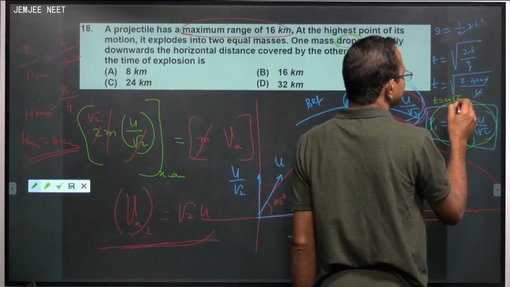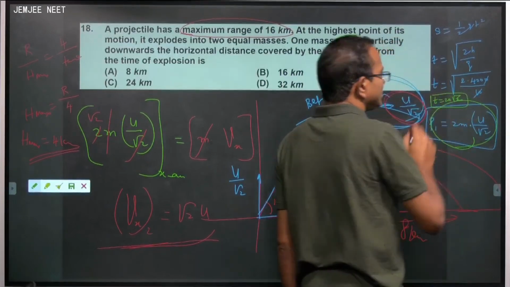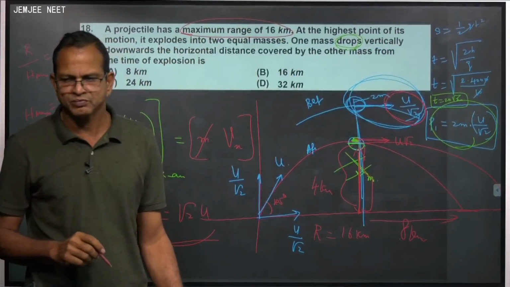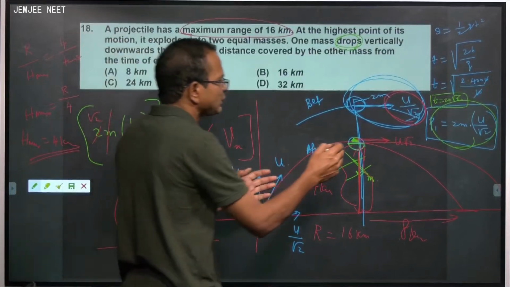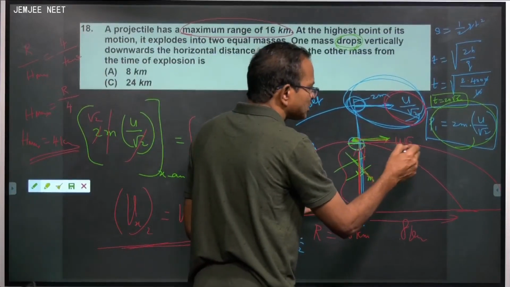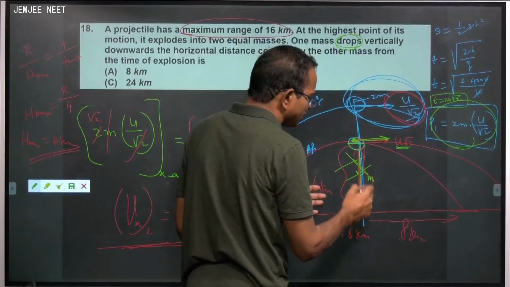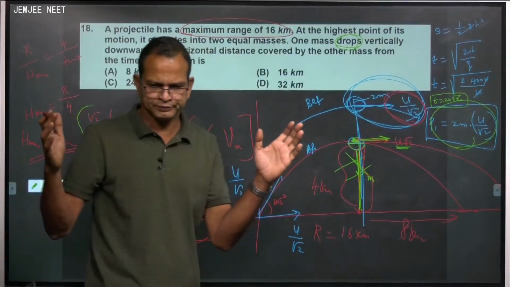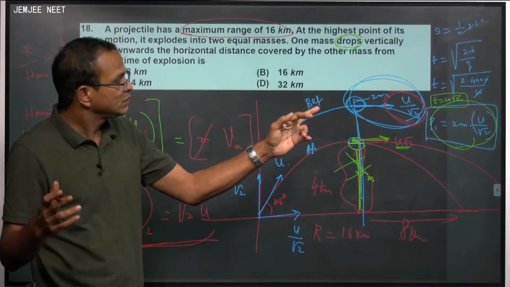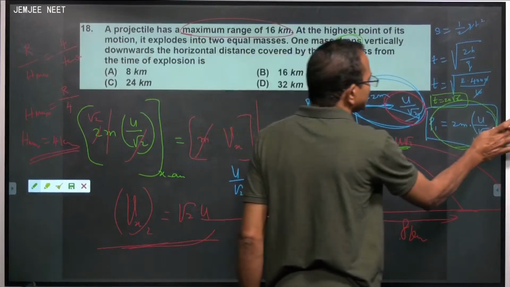Time is equal to 20 root 2. So the ball exploded here, got this much speed, and will take 20 root 2 seconds to reach the ground. Do you understand?